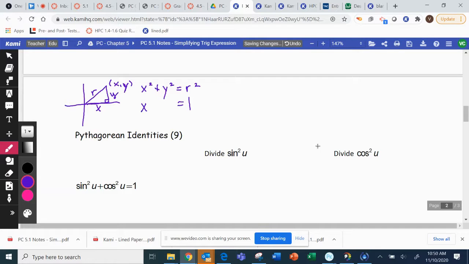So we had x squared plus y squared equals 1 in the unit circle. And x is cosine, and y is sine. So we are born with Pythagorean identity number 1, sine squared x plus cosine squared x equals 1.